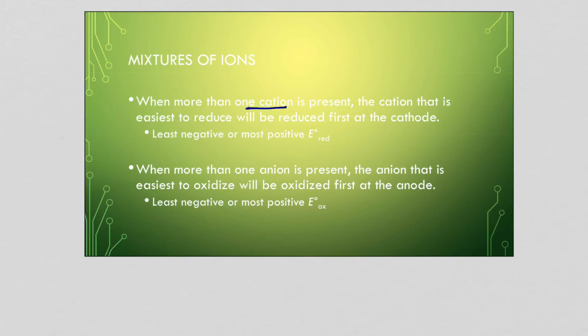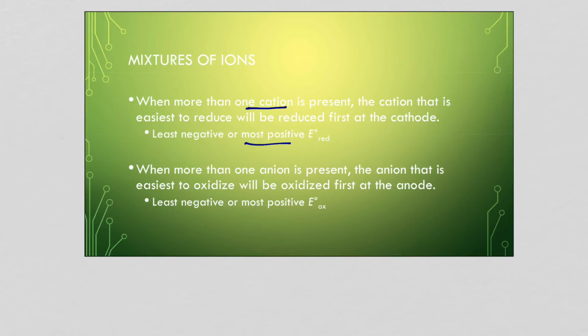So if we look back at our reduction potential table, the one that would be the most easily reduced on that table has the most positive or least negative reduction potential, right? So the one that is at, in this case, the very top of the table. So the most positive reduction potential, meaning it's most likely to be reduced, that's the one that's going to be reduced first. And if that one runs out, well, then we could start to reduce the other ones.